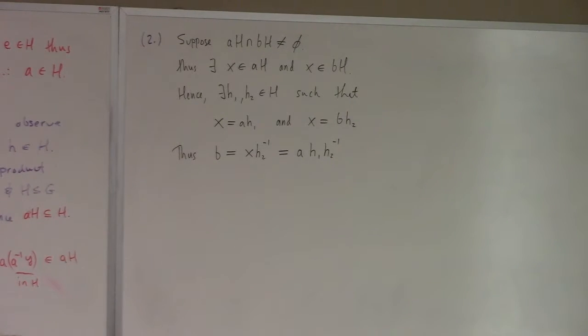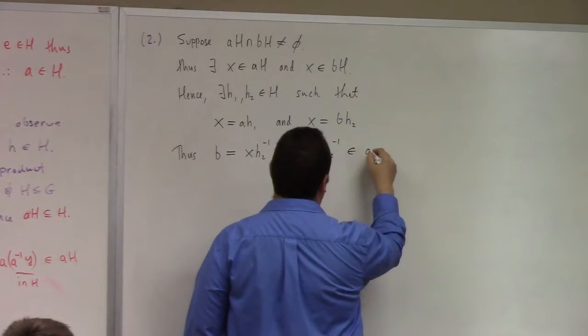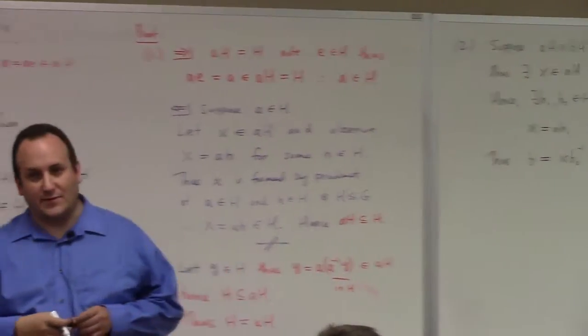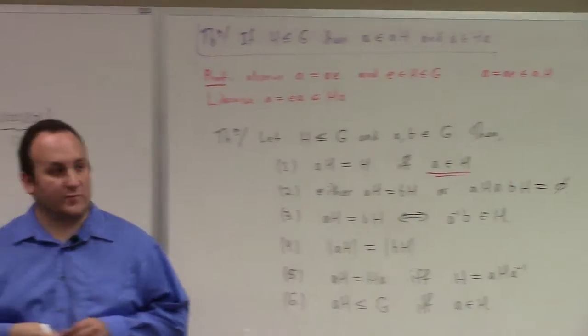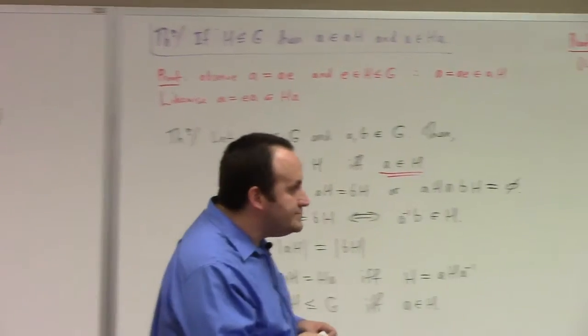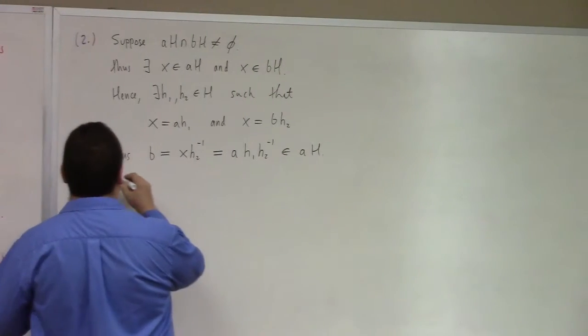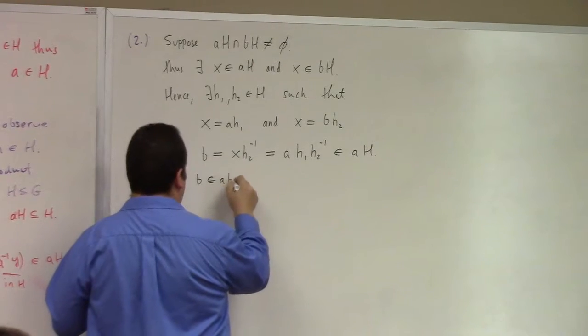Aha! Sorry, that's an element of AH, right? Because H1 H2 inverse is an element of H because H is a subgroup, right? So what do we have? B is an element of AH. What's that say?